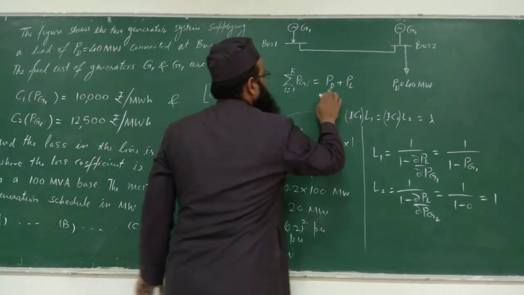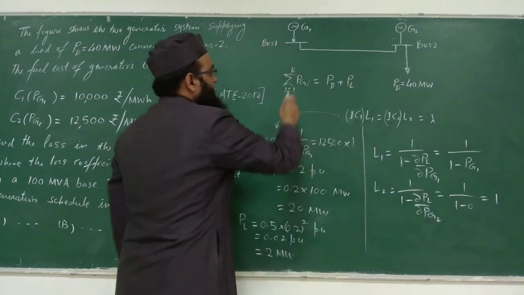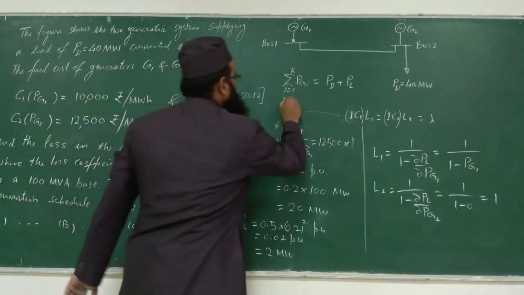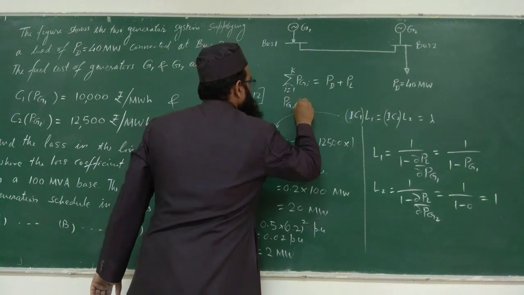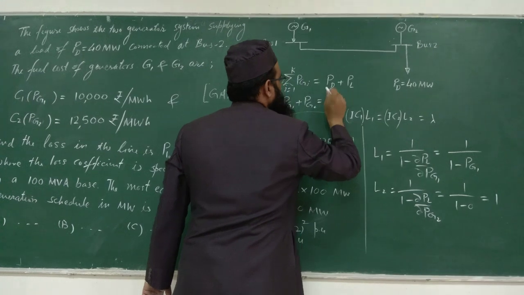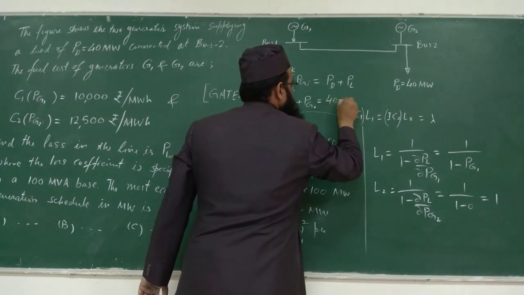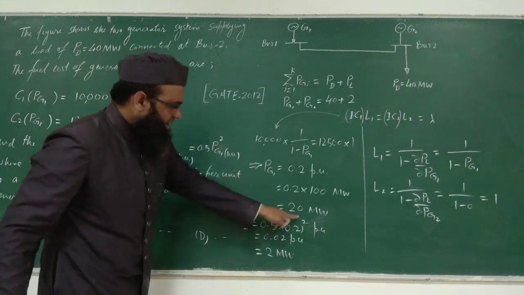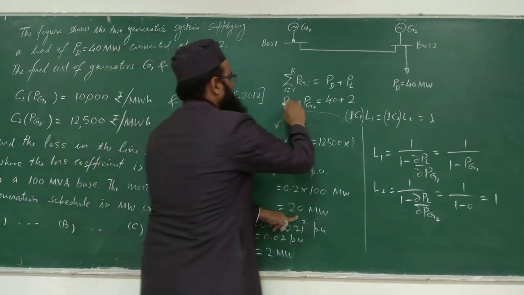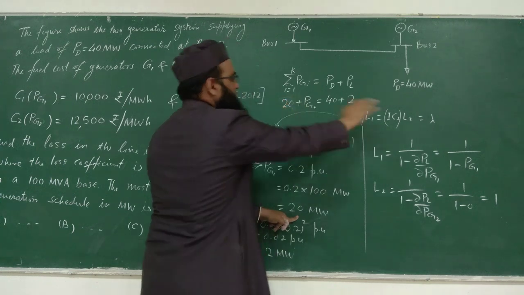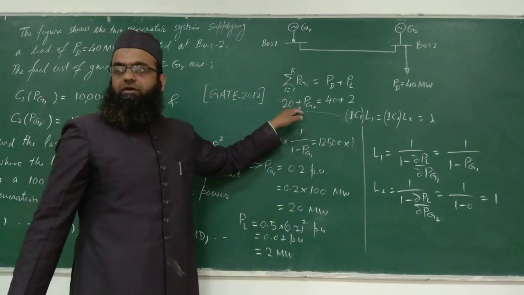This is 40. And we have a two-plant system, so K is 2. So this will be nothing but Pg1 plus Pg2 is equal to PD, which is 40, plus we have evaluated 2. We know Pg1 we evaluated as 20. So write here 20 directly. All values are in actual value, megawatt, right?